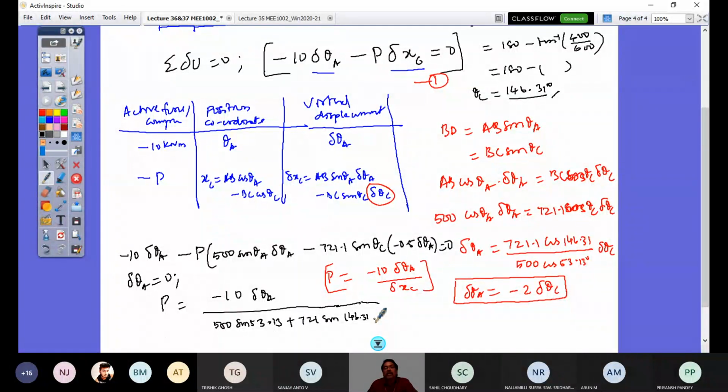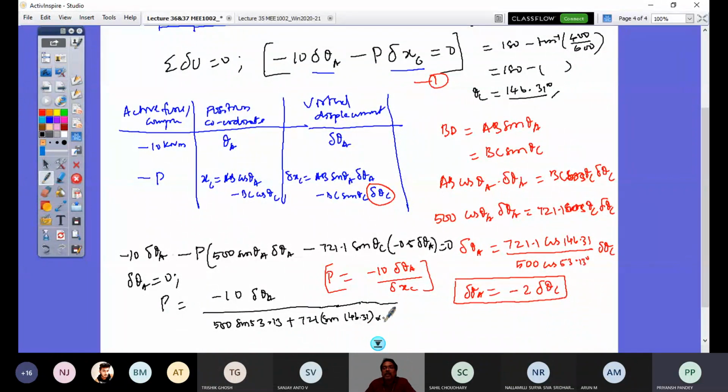Correct. Into this, into this I should substitute, right? So this value here, delta theta C is now 0.5.